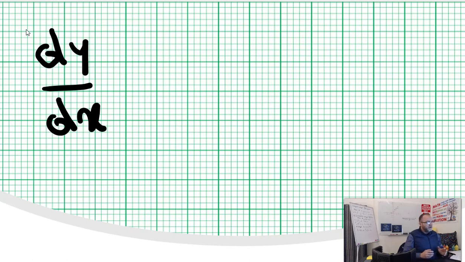And the idea is for you to think of it geometrically as the limit of the secant of a particular point that is approaching that point of conversion right here.